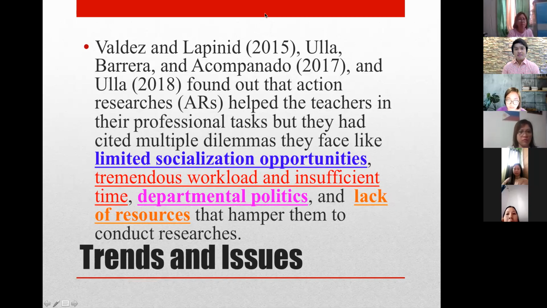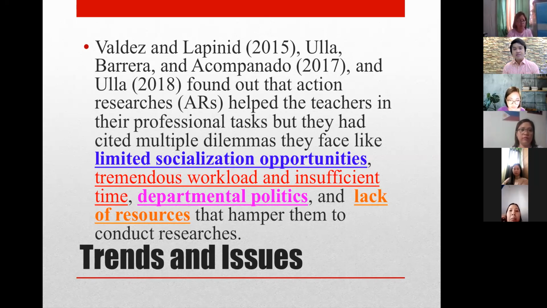Valdez and Lapinid in 2015. So itong mga authors na ito, they found out that action researches help the teachers in their professional tasks, but they cited multiple dilemmas they face. Pwede kayo mag-agree or disagree.